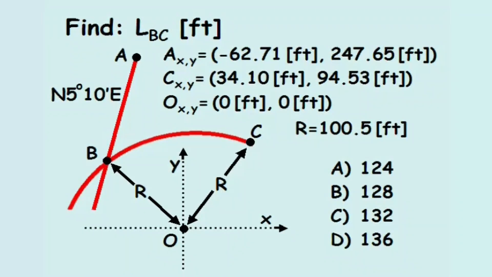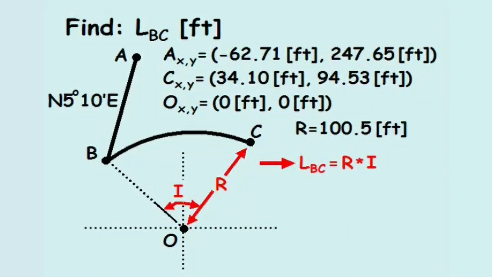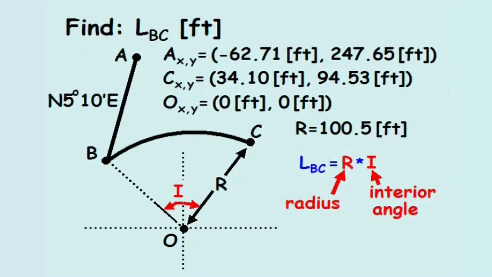To find the length of arc BC, we can multiply the radius of the curve, r, by the interior angle, I. The problem statement provides the radius, which is 100.5 feet, but we still don't know the interior angle.